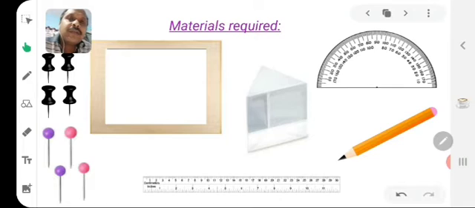Adding to it, we require a drawing board, a drawing sheet, some drawing pins, some paper pins, a protractor, pencil, and a half-meter scale. These are the basic materials required for conducting this experiment.